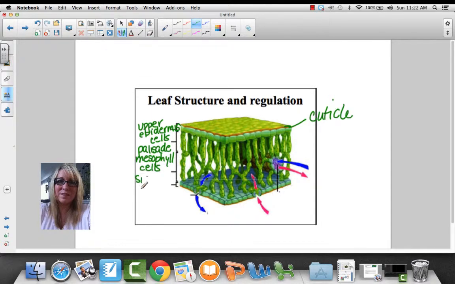Then we have the spongy mesophyll cells. And then the last one, which I'll put down here, is the lower epidermis cells.